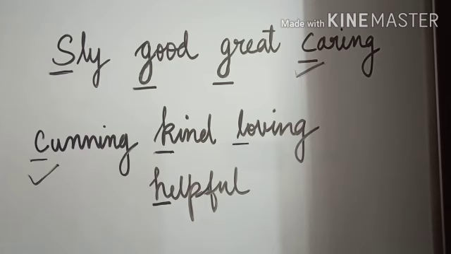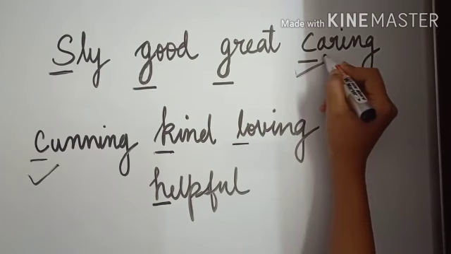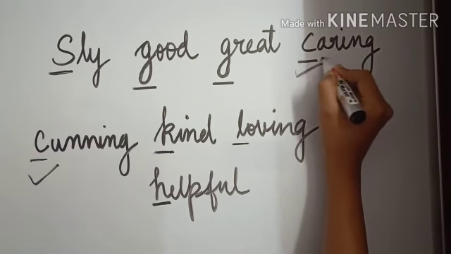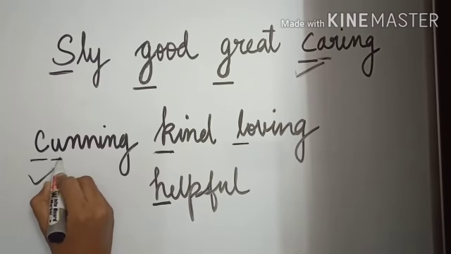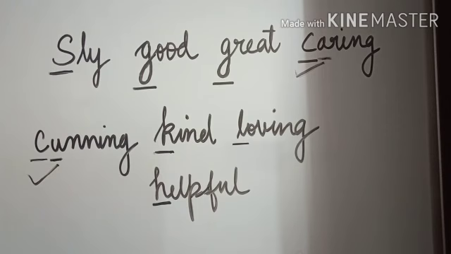So we know the rule that whenever the words start with the same letter, we check the second letter. So the second letter in the word caring is A. The second letter in the word cunning is U. Now tell me children, which letter comes first in the alphabetical order, A or U?